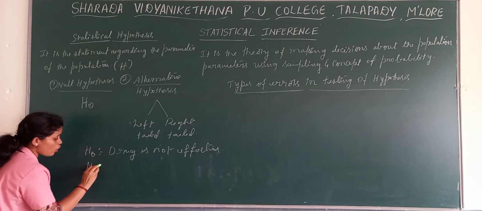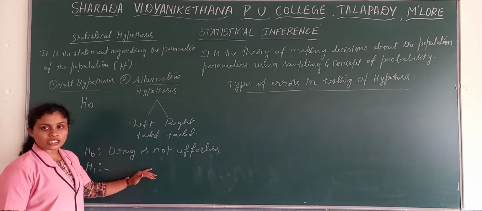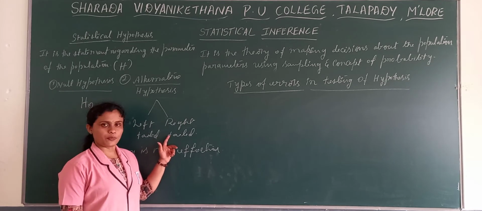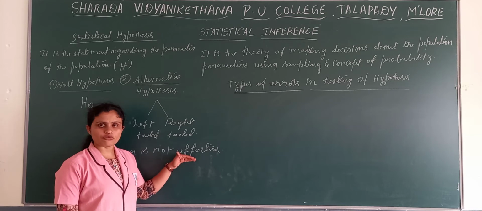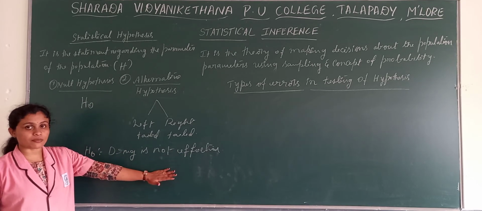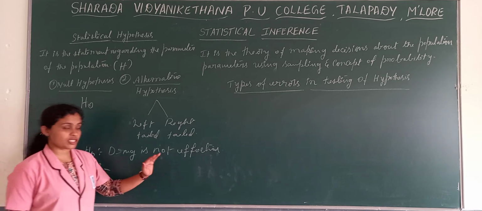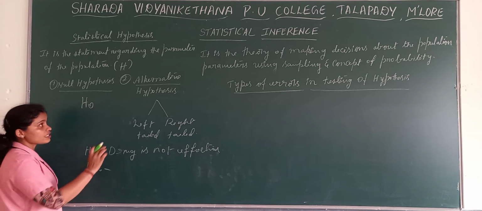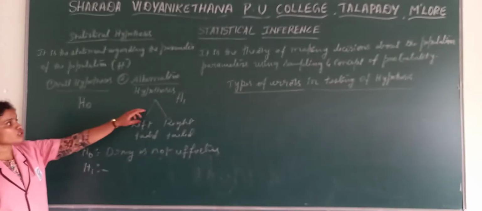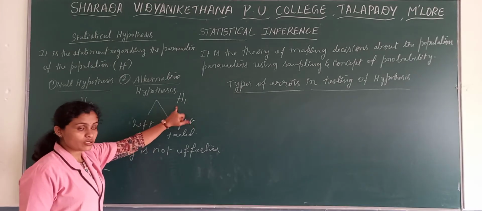And how to set the alternative? Alternative hypothesis is complementary to the null hypothesis. If we reject the null hypothesis, then we need to accept the alternative hypothesis. Alternative hypothesis is denoted by capital letter H1.